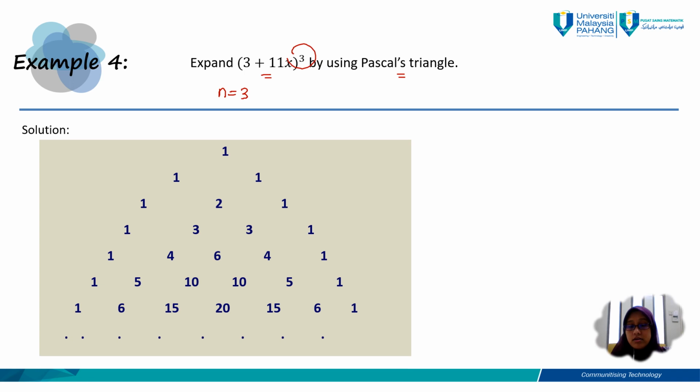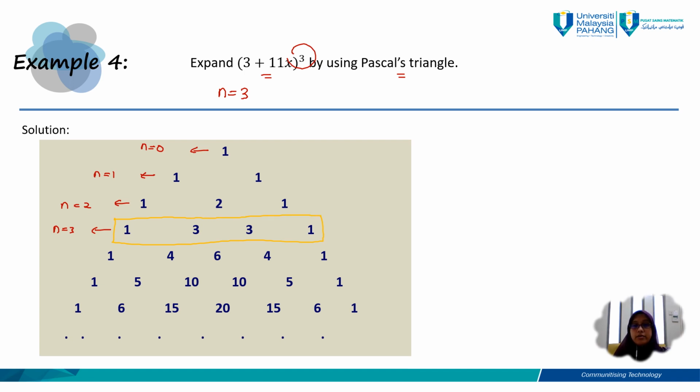Based on the triangle, the first layer is for n equal to 0, the second layer for n equal to 1, the third layer for n equal to 2, and the fourth layer is for n equal to 3. So we will use this layer. This will be our coefficients.